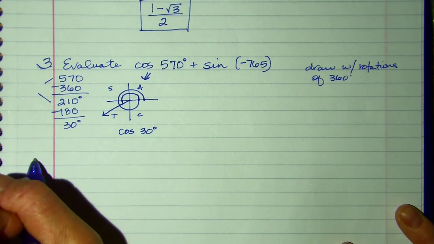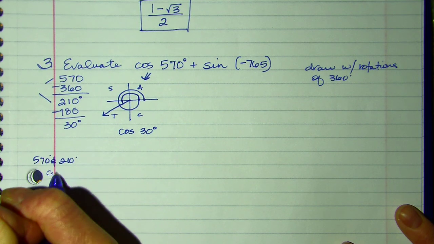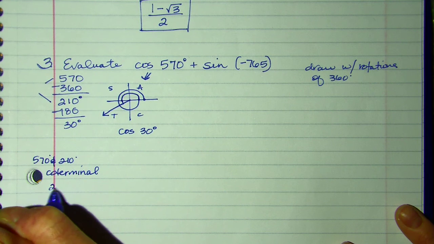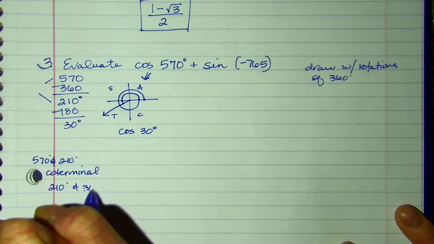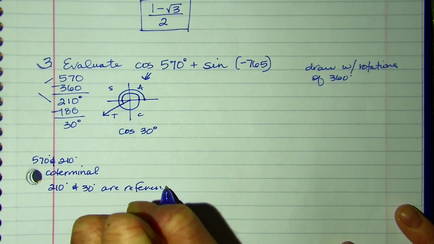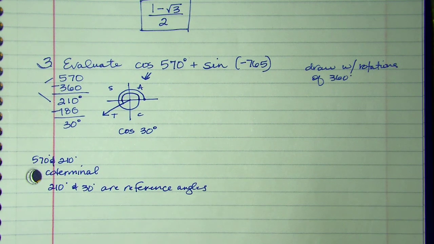Okay, so just a side note, 570 and 210 would be considered coterminal. 210 and 30 degrees are related or reference angles because I'm using 30 degrees to evaluate 210. They're in the same place, I guess you could say.